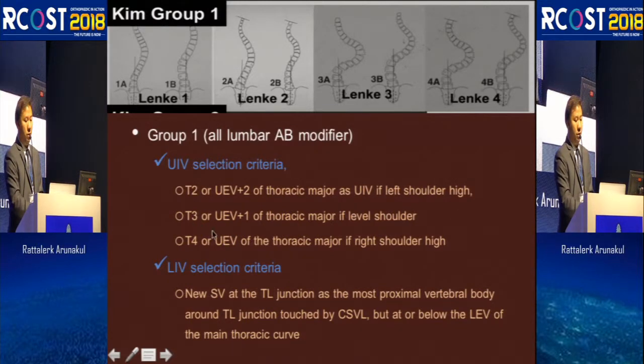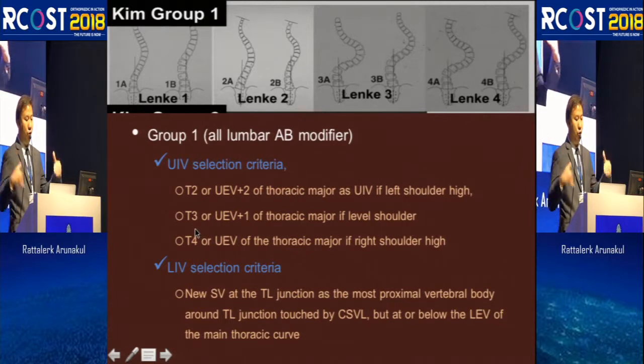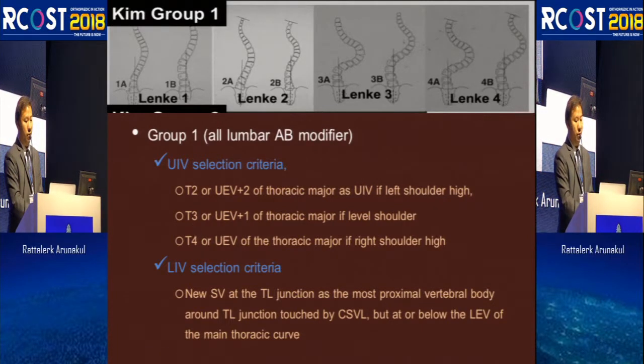If neutral, with level shoulders, you use T3 or UEV plus 1, and T4 for the right shoulder high. For the LIV selection criteria, it's the new stable vertebra at the TL junction, the most proximal vertebral body around the TL junction touched by the CSVL, but at or below the LEV of the main thoracic curve.